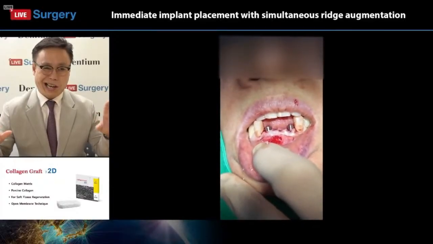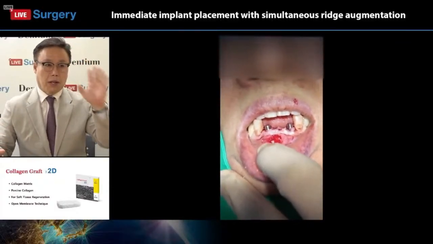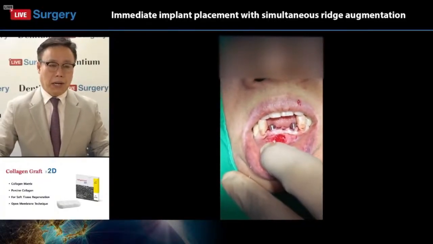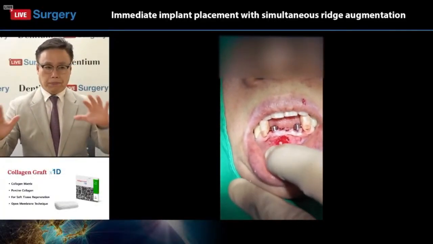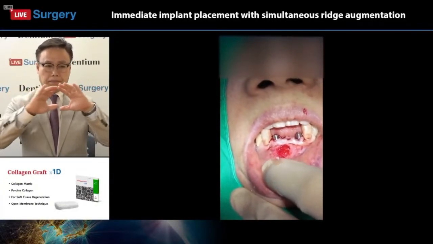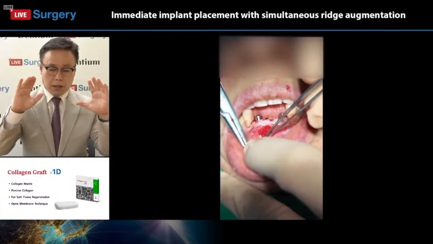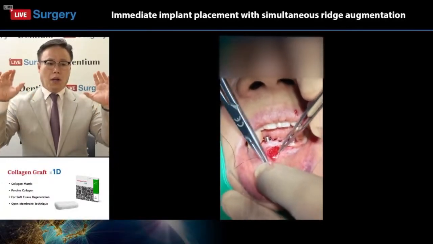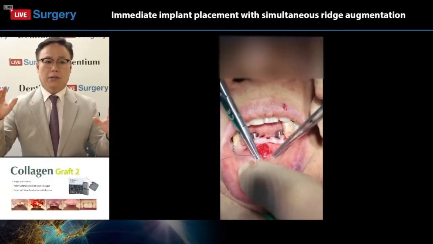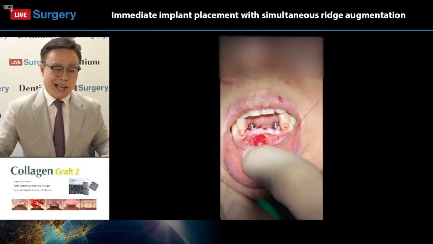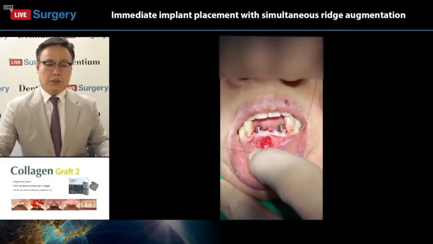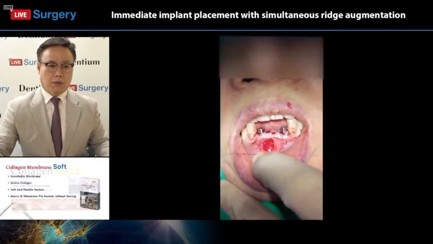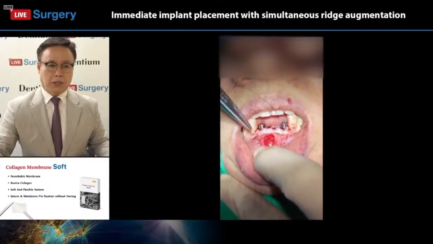However, this defect size was bigger on the right-hand side of the patient. That's why we applied bone graft, the tent pole, and the collagen matrix. But on the other side, the defect was not really big. In that case, we just applied the bone graft for the purpose of contouring augmentation.